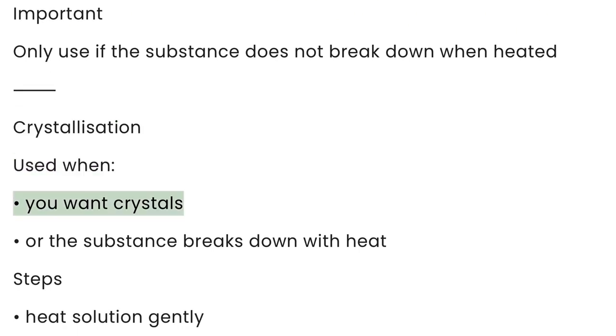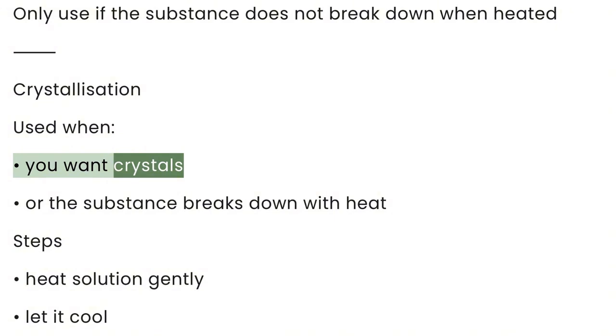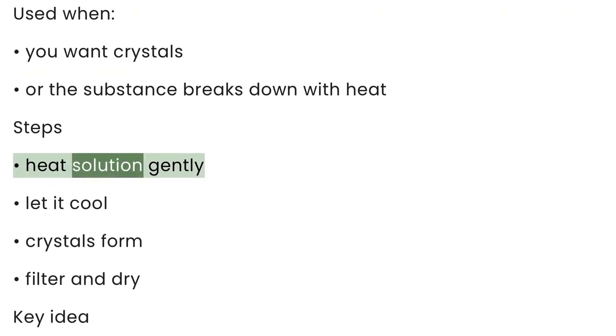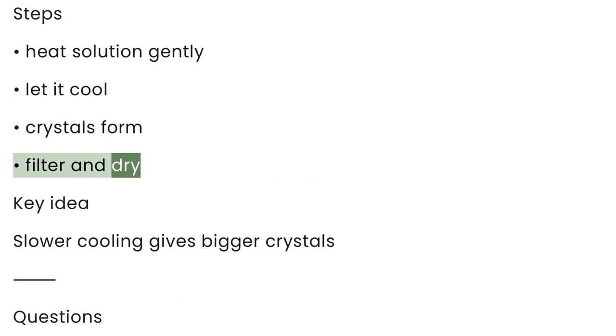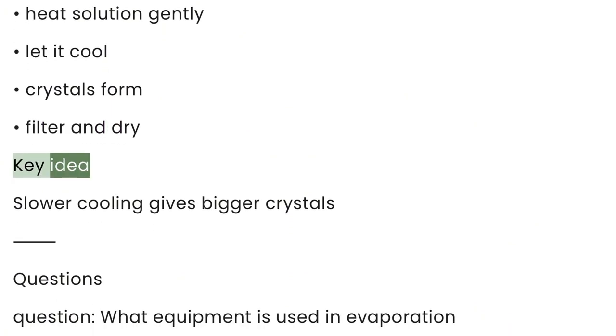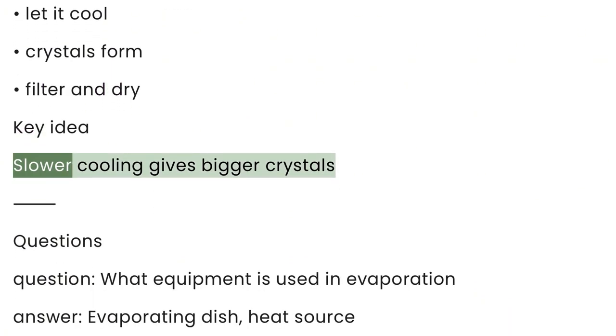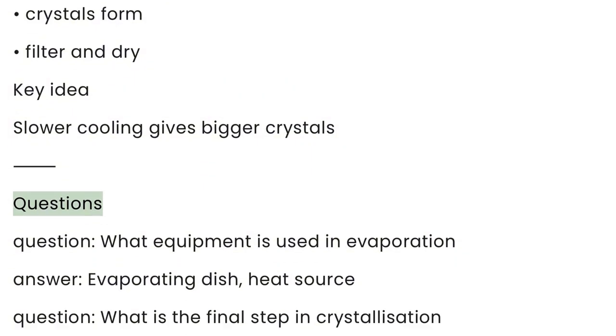Used when you want crystals, or the substance breaks down with heat. Steps. Heat solution gently. Let it cool. Crystals form. Filter and dry. Key idea. Slower cooling gives bigger crystals.